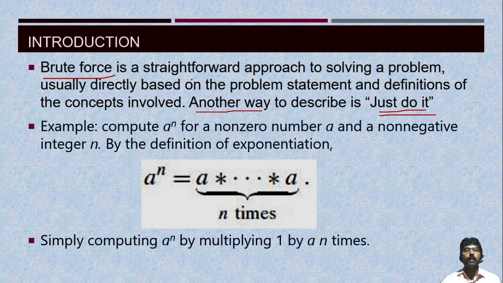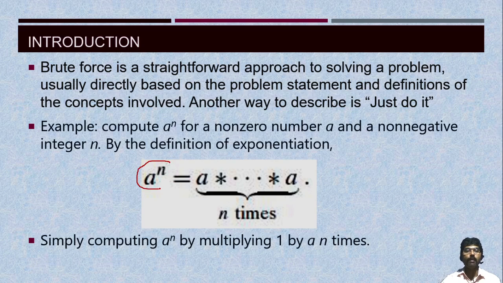In that problem itself, we can easily find some solutions. That type of solution is actually called as brute force technique. For example, now if I want to identify what is the result of a raised to n. Now if a is a positive number and n is a non-negative number, how to solve such problems?